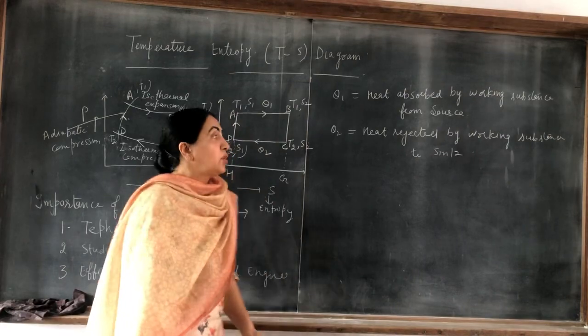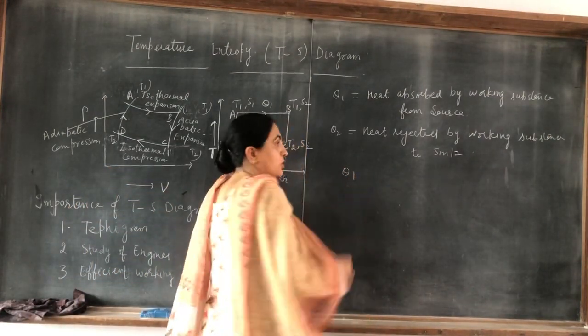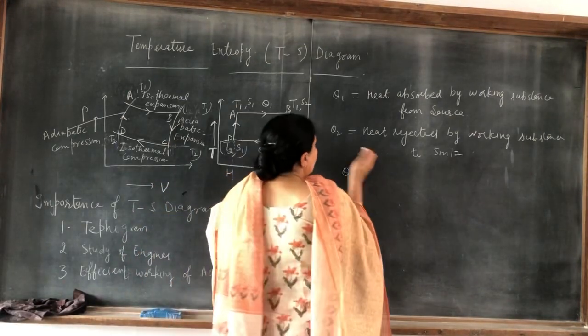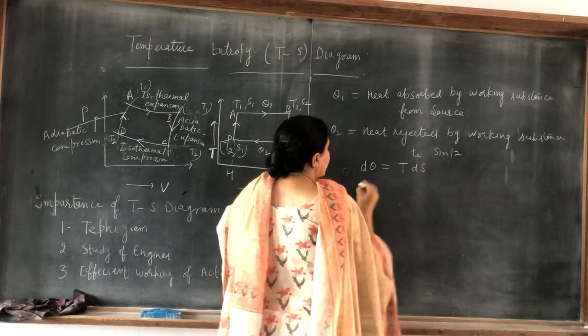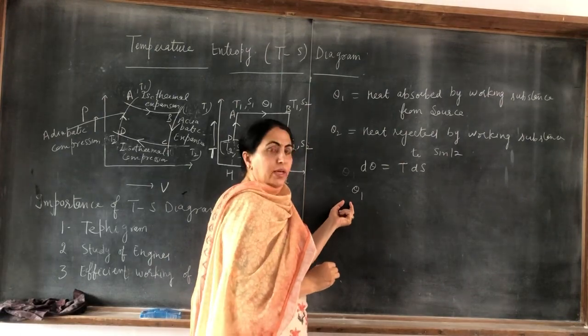Then Q1, what will it be according to the definition of entropy? We know that dQ is equal to T dS, and in the first case the heat absorbed is Q1.